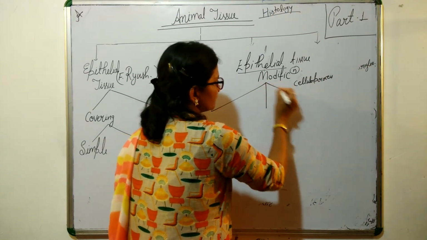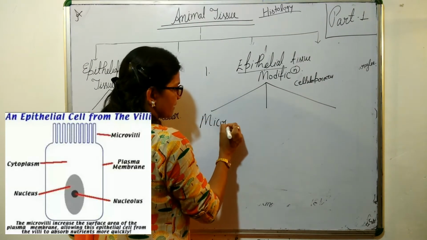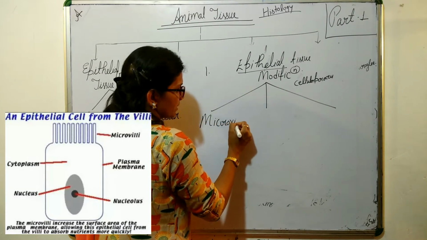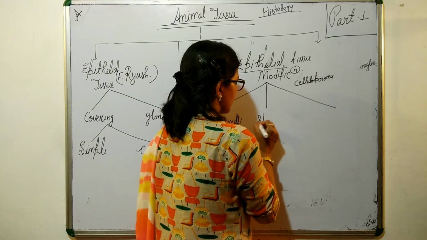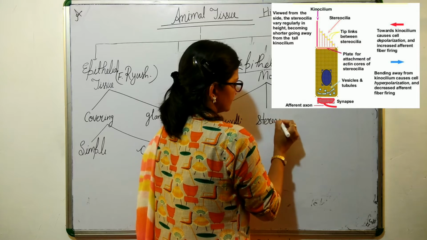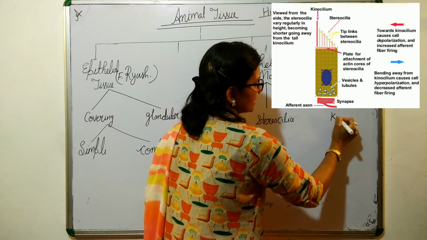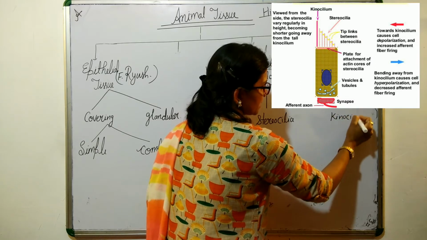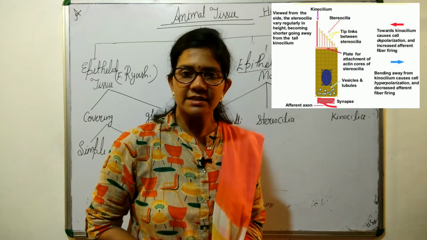It can be of three types: microvilli, stereocilia, or kinocilia. Cilia means there is a cellular extension.